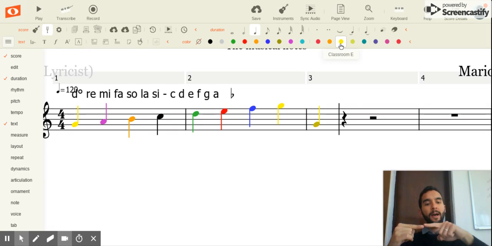If you're going up in pitch, it is sol, la, si, do, re, mi, fa, sol. G, A, B, C, D, E, F, G, and so on. The opposite direction is exactly the same, but backwards. So the second line of this staff is G.